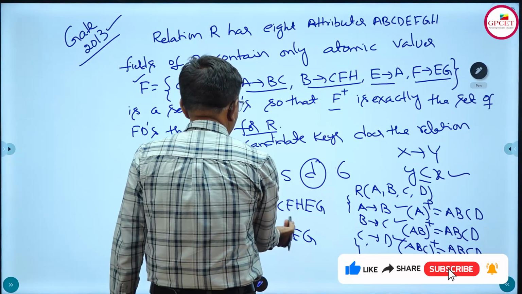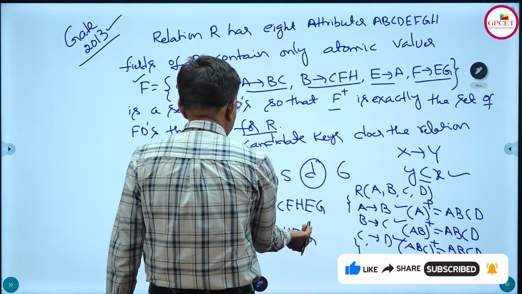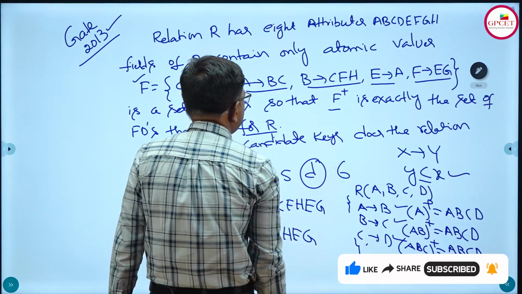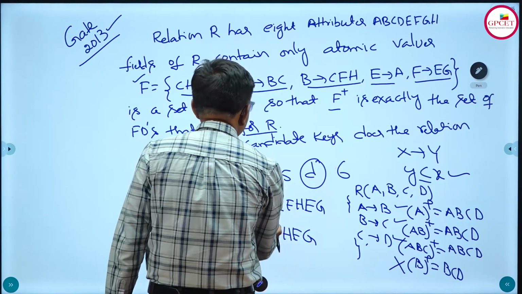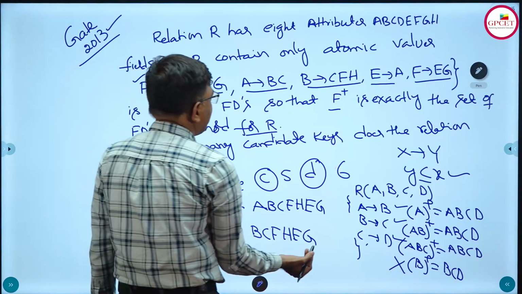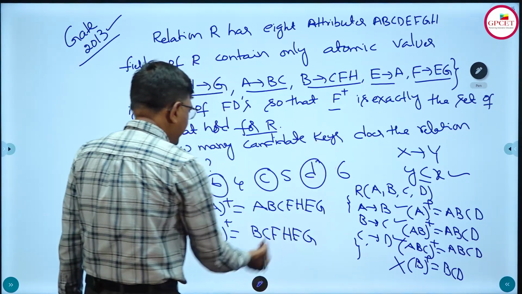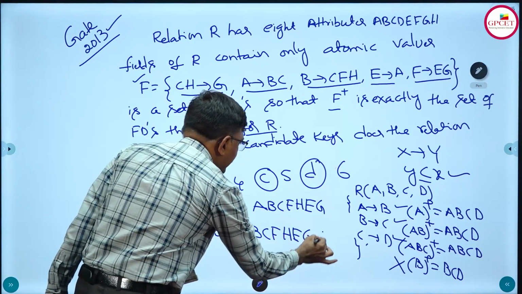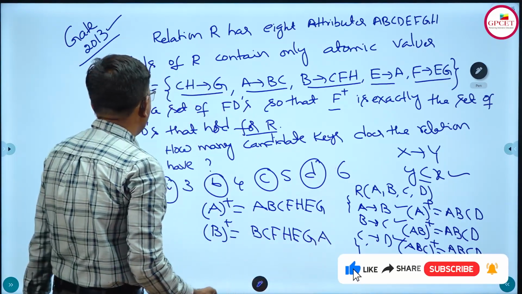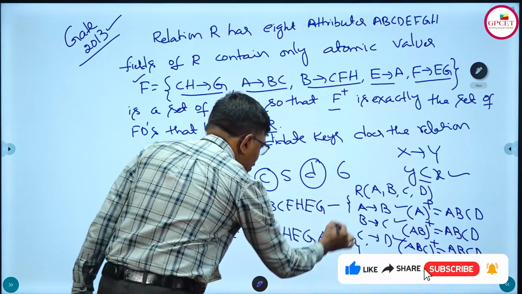CH tends to G is there, and then BC. B tends to CFH, E tends to A, and you can get A. Right, we can get the original relation.